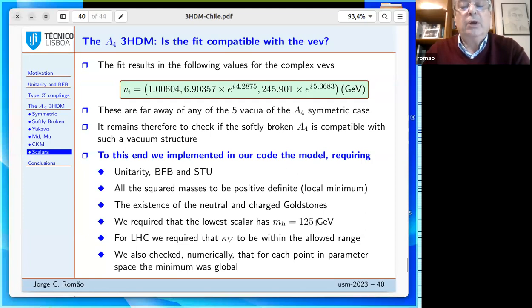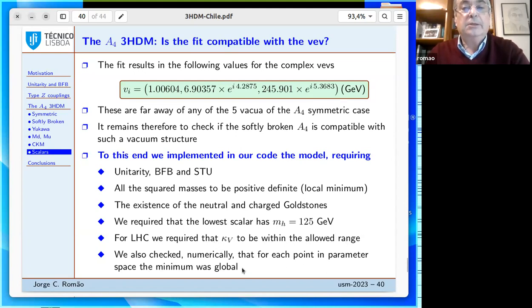Then of course we have to require that, and you have to do some kind of tuning to get to this, but it's possible. And of course, you also want to look at the constraints from LHC. Here we just look at the kappa V, I mean the ratio of the coupling to the gauge bosons in our model relative to the standard model, and this is now known to be close to 1 in a very narrow range, and you also require that.